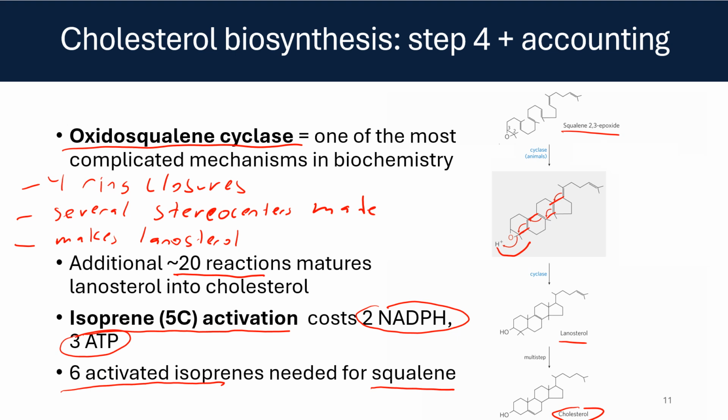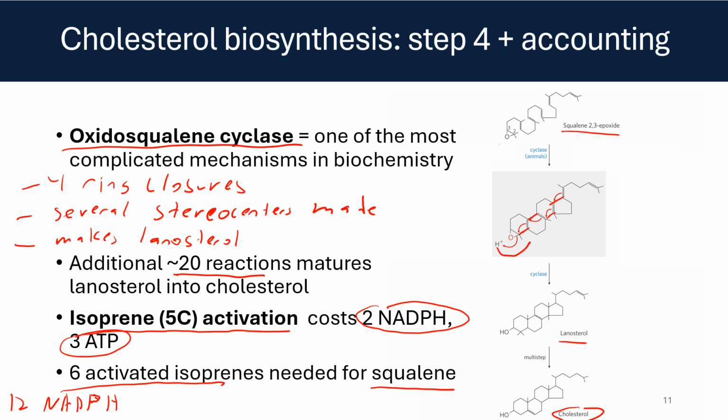So minimally, we need 12 NADPHs to make this critical substrate.